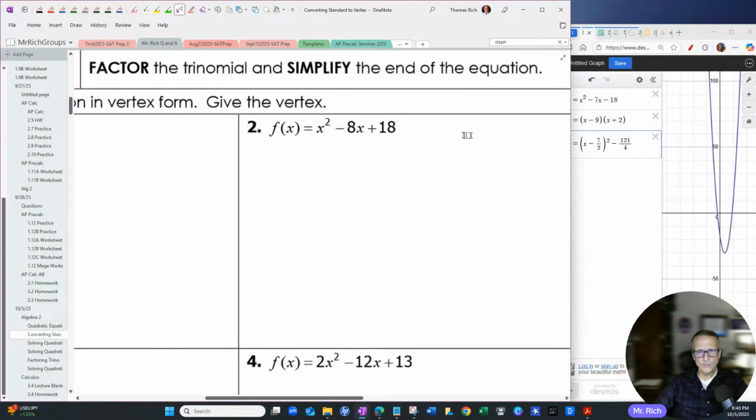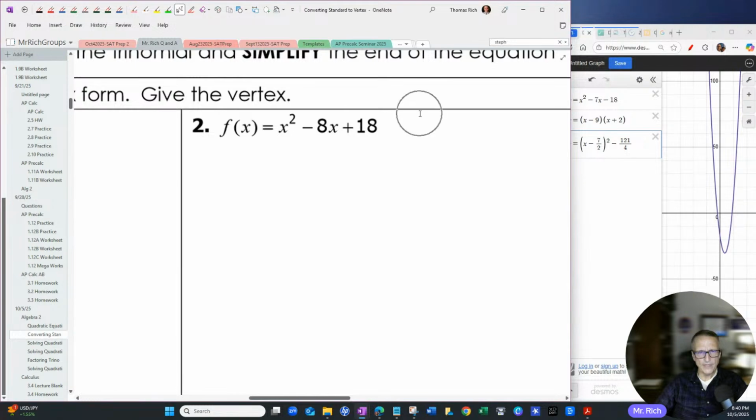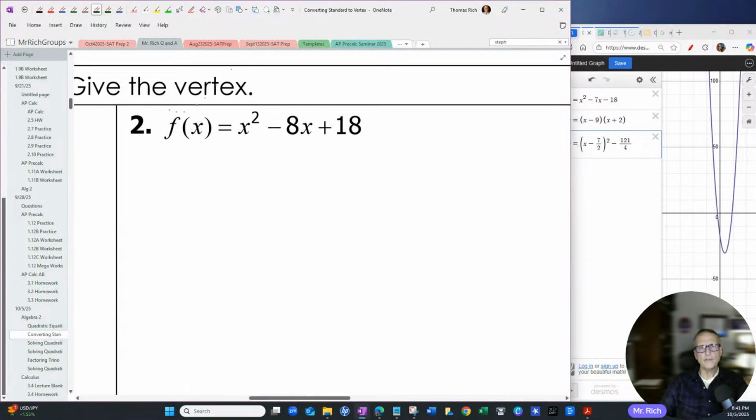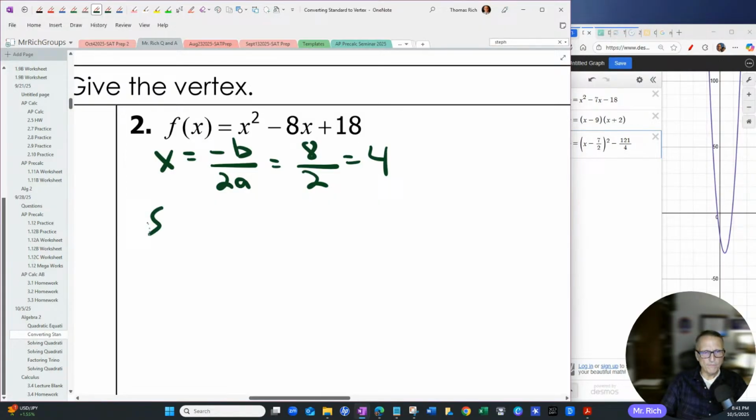Now, I am going to write it in vertex form. I'm going to use the method of finding the coordinates of the vertex. Okay, so I'm going to use the fact that it's negative b over 2 times a, which would be 8 over 2 times 1. So the x coordinate for the vertex would be 4. That's our axis of symmetry, x equals 4. Now we'll plug the 4 back in.